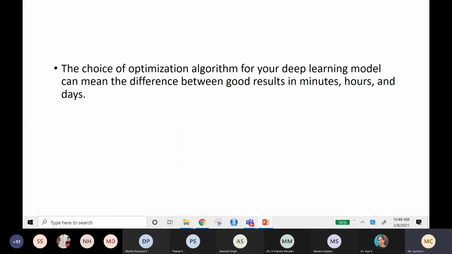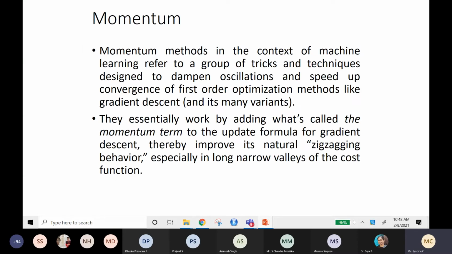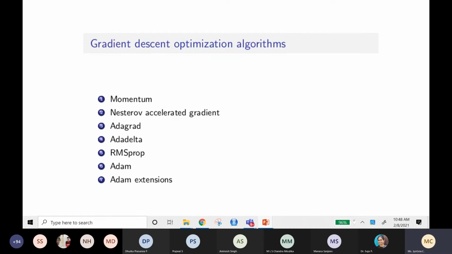This is very important: your choice of optimization algorithm decides your time to completion. Completing an application using deep neural networks may take hours, minutes or days, mainly based on the optimization algorithm. Here we add some concepts to gradient descent so that it can accelerate and reach the converging point, the local minimum, faster.